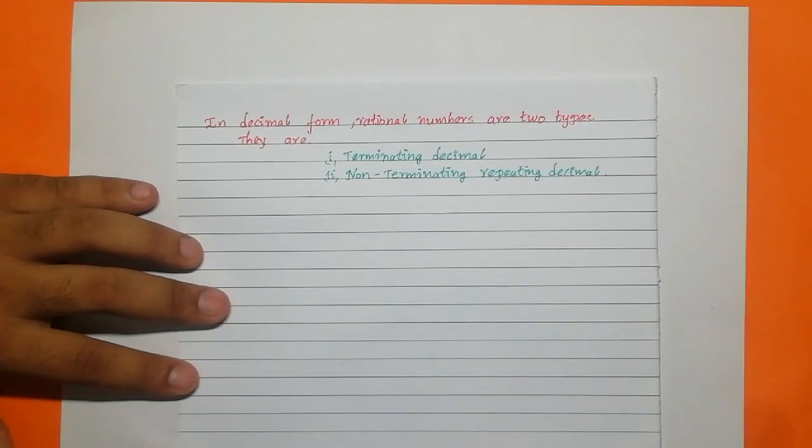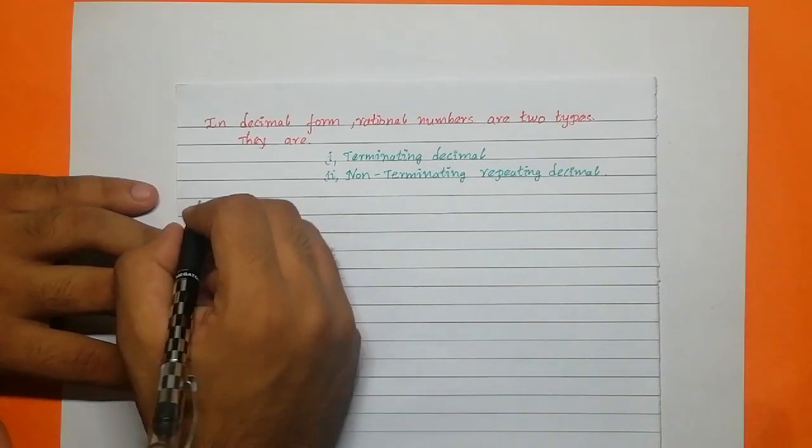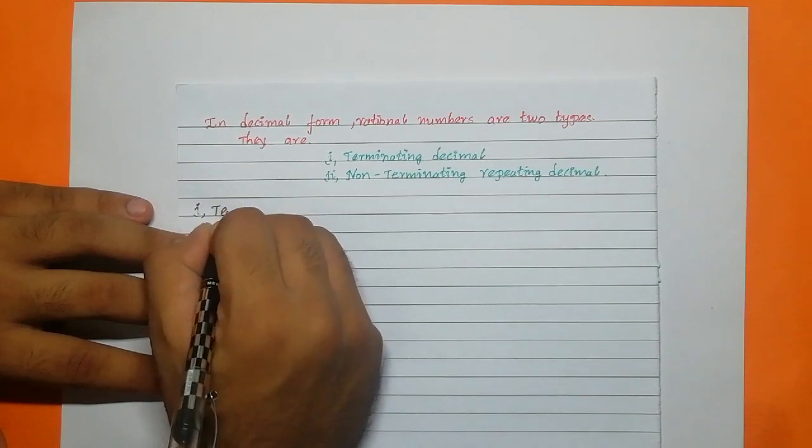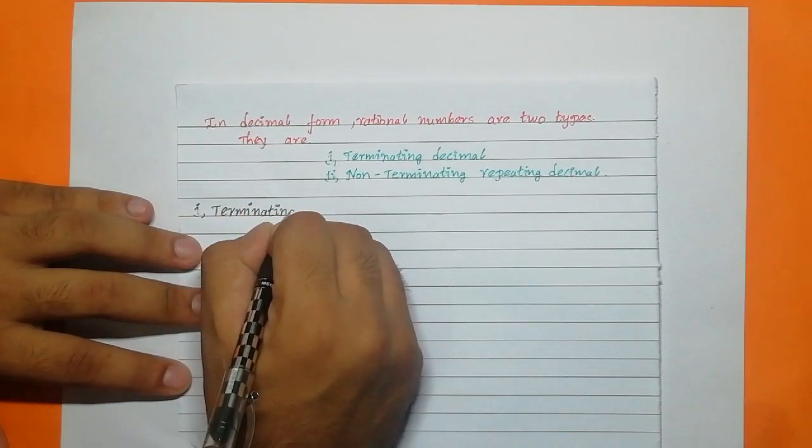Now let us know about the first type of decimal form of rational numbers. First type, terminating decimal.